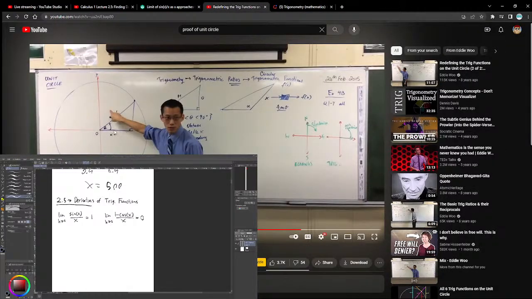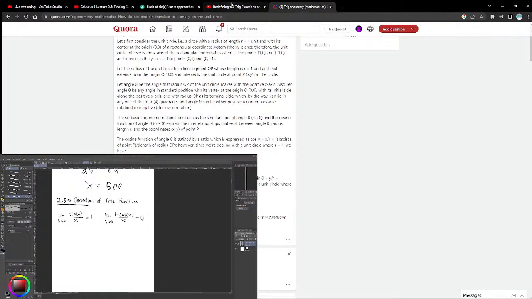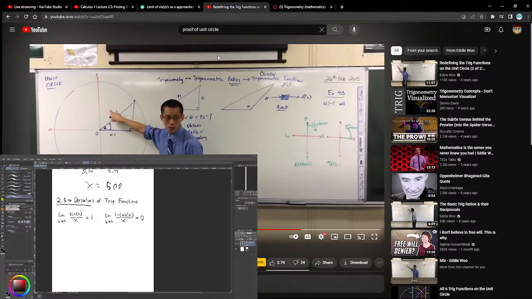This is x. This is 1. Adjacent over hypotenuse, x over 1. Oh, okay, no, it makes a lot of sense because cosine equals adjacent over hypotenuse.